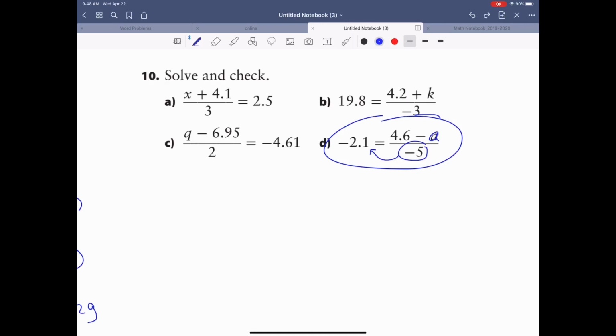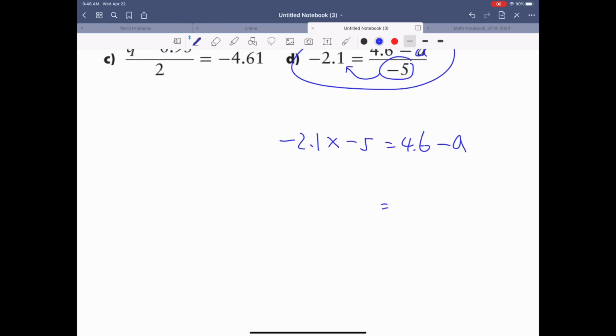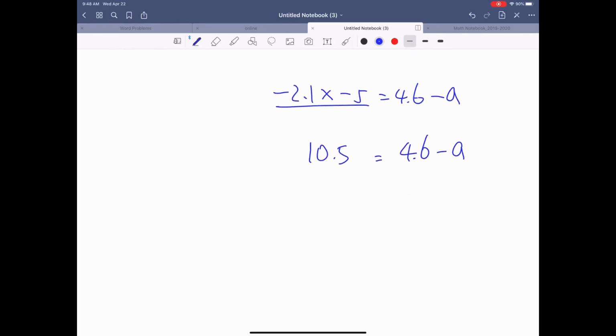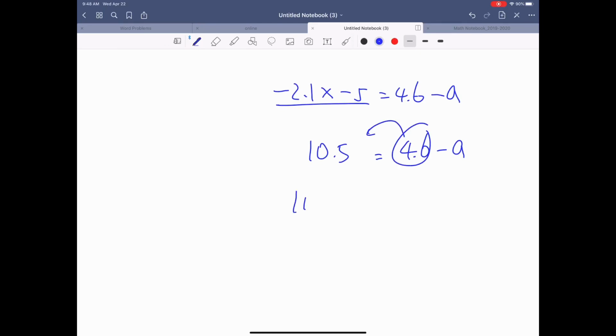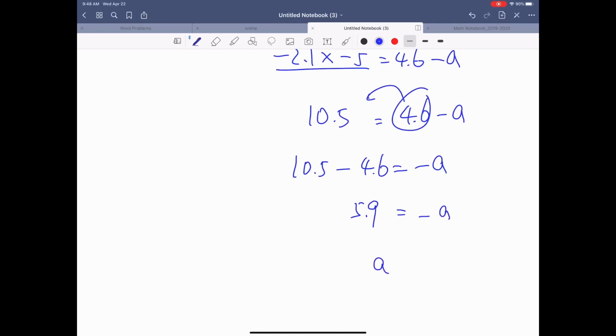So divided by negative 5, so on this side they change it to times negative 5 equals to 4.6 minus a, okay, and that basically gives you 10.5. 4.6 minus a, over to the other side, 10.5 minus 4.6 equals to negative a. Okay, 5.9 and minus a. So a will equal to negative 5.9.